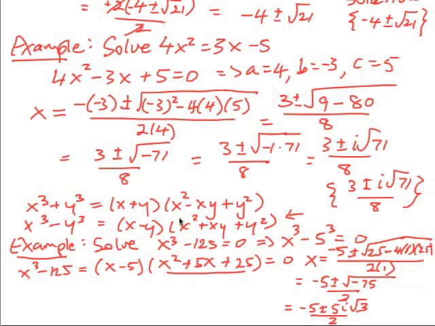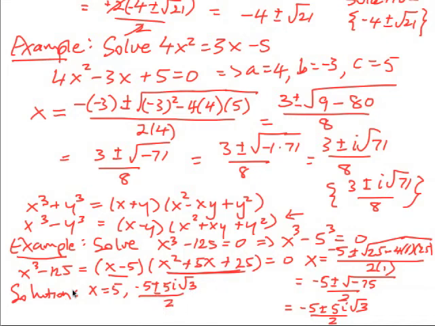Alright, so in this case we've got the zero factor property that tells me, so here's our solution, that x minus 5 is equal to 0 or this quadratic is equal to 0. So x minus 5 being 0 means that x is equal to 5. And x squared plus 5x plus 25 equals 0 gives us negative 5 plus or minus 5i root 3 over 2.